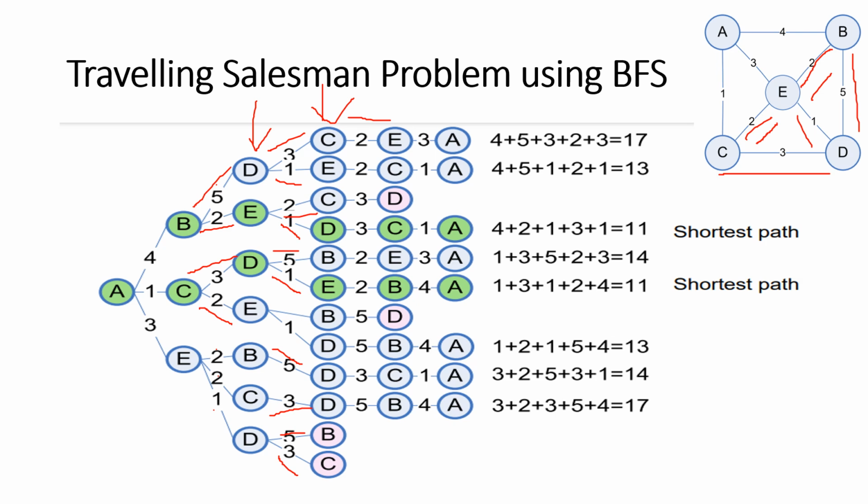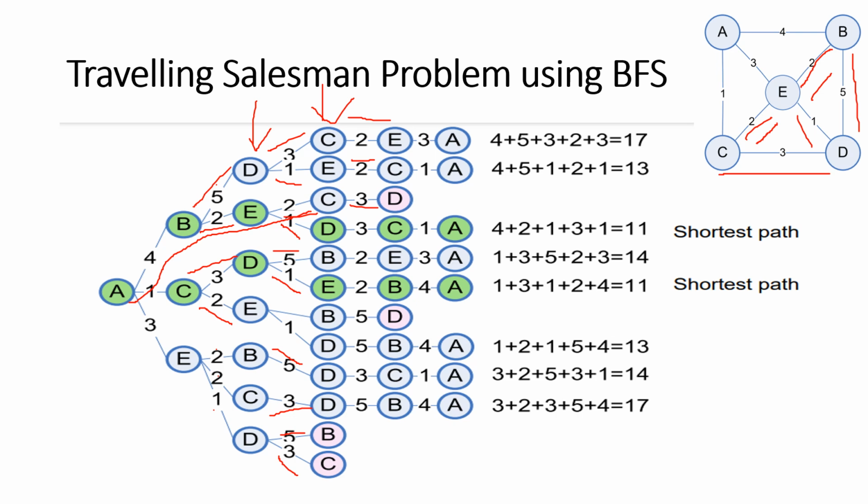So only one child, that is C. Then from C, you can see that A, B, E are the parent nodes. So the next child node is only, sorry, D. Then for D, you can see that the child node is C, and E and B are the parent nodes.